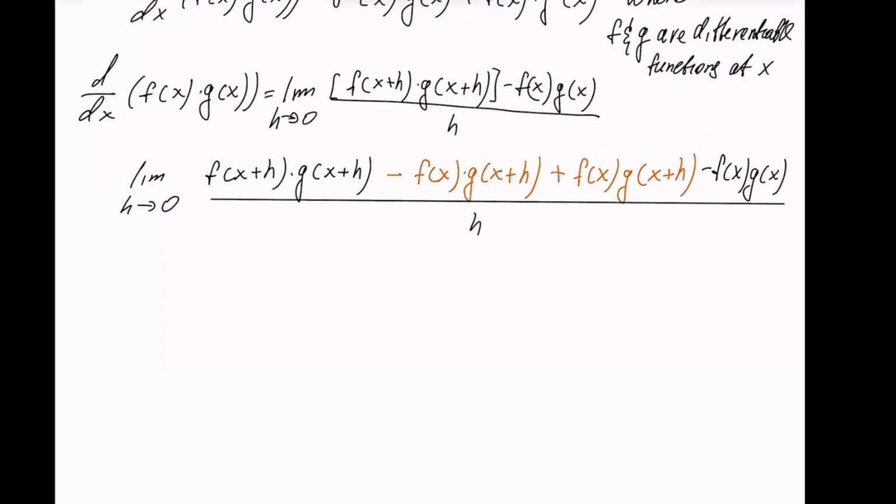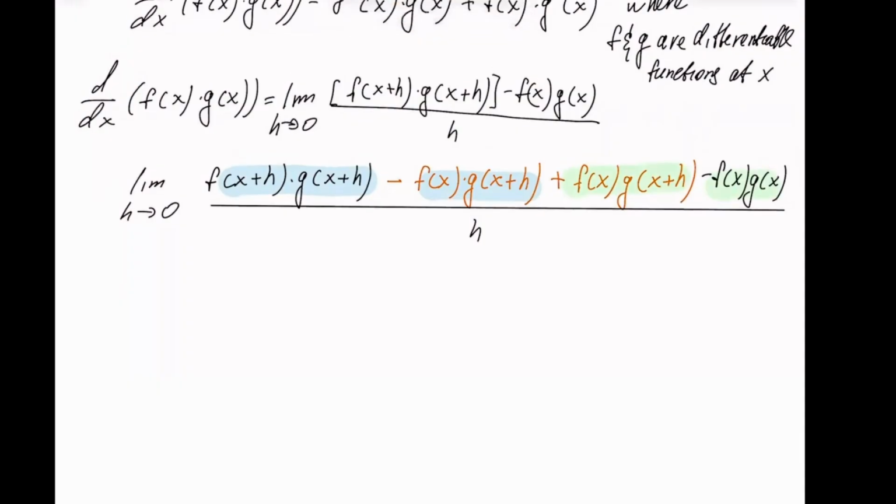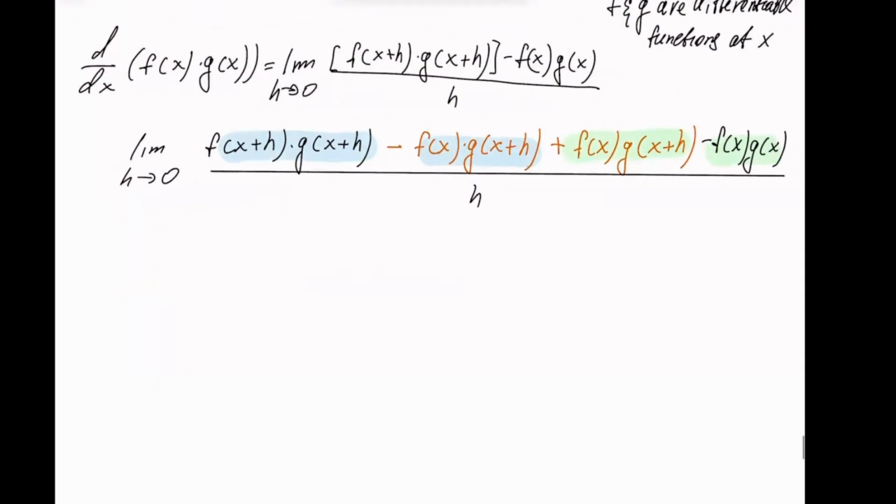Now, what I'm going to do is combine these two terms together and these last two terms together as well. So from the first one, as you can see, I can factor out g of x plus h.